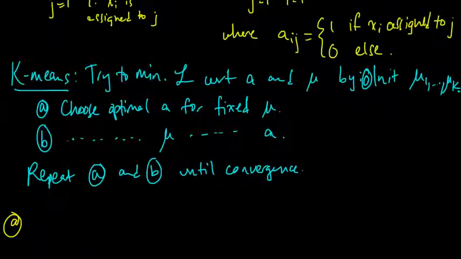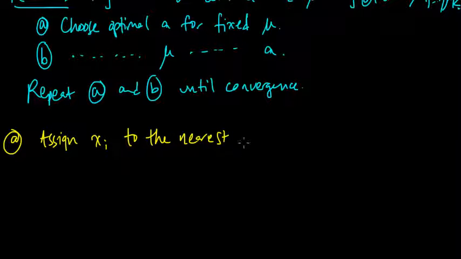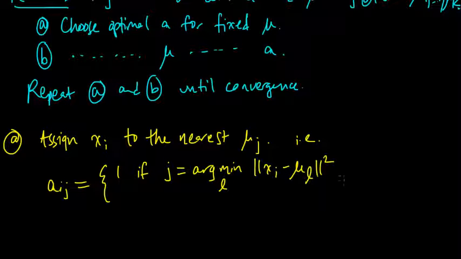So therefore, in step A, we should always assign each point xi to the nearest mu, i.e., we will choose aij to be 1 if j equals the minimizer over all l of the distance from xi to mu l squared.